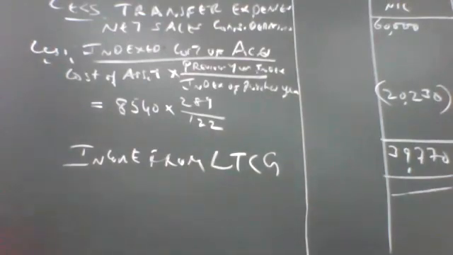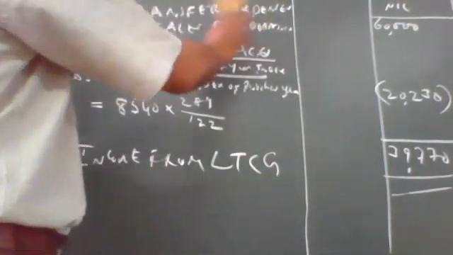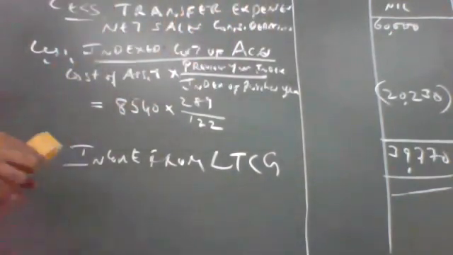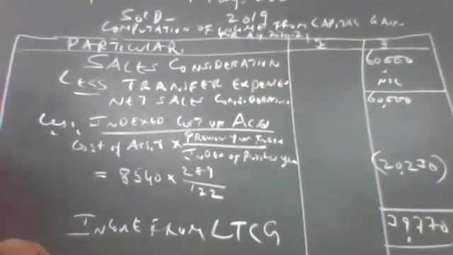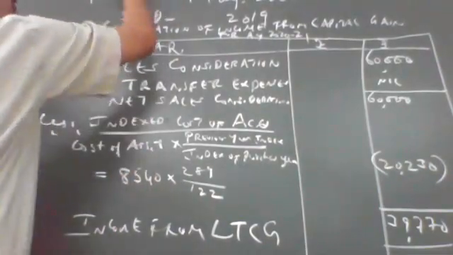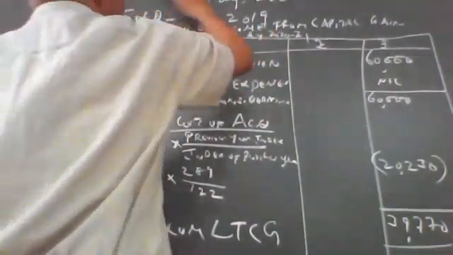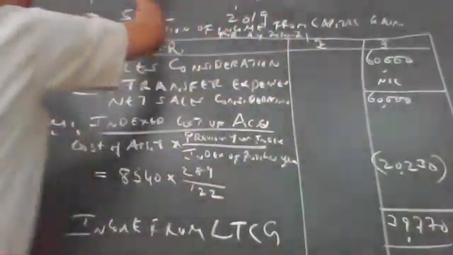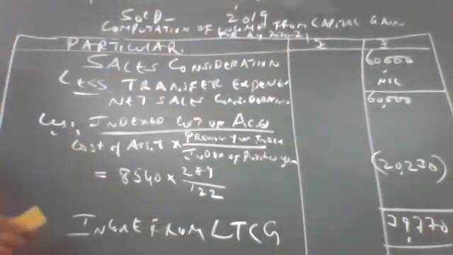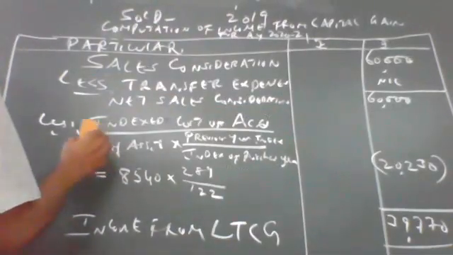So first, I'll remove this part. We'll do the same format, same heading: computation of income from capital gain for assessment year 2021. Remove this one, and this is a long-term capital gain, because the duration of holding is more than 2 years.